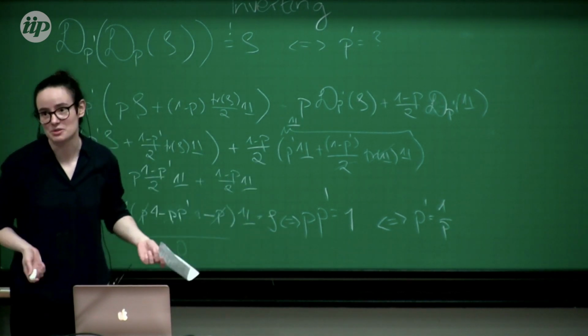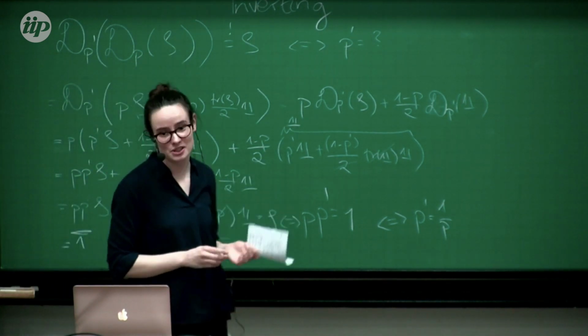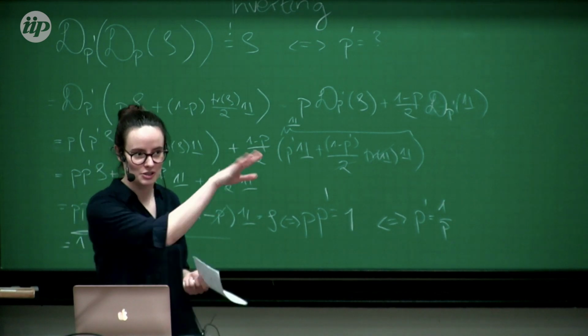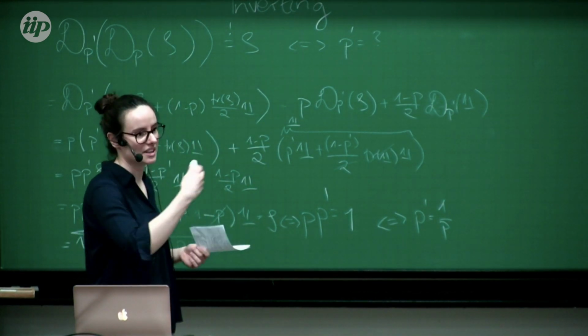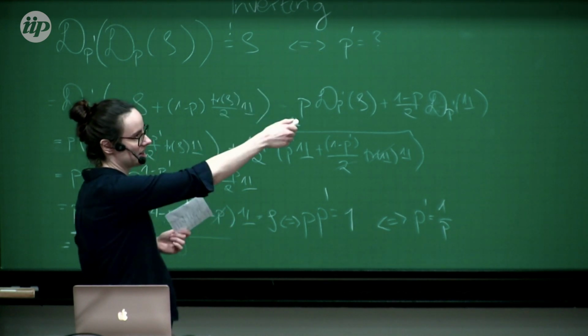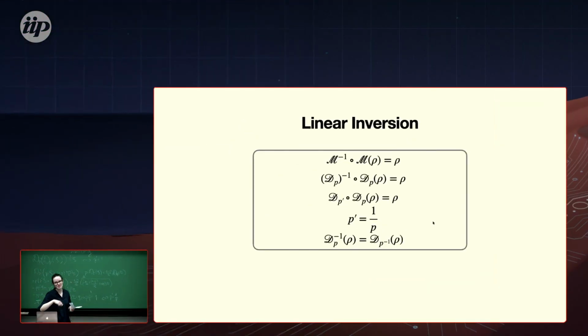Which is a very nice result. It's very easy. I would not have been able to derive that if I just looked at this measurement channel. So our inverse of the depolarizing channel is actually just the depolarizing channel of the inverse of the depolarizing strength.